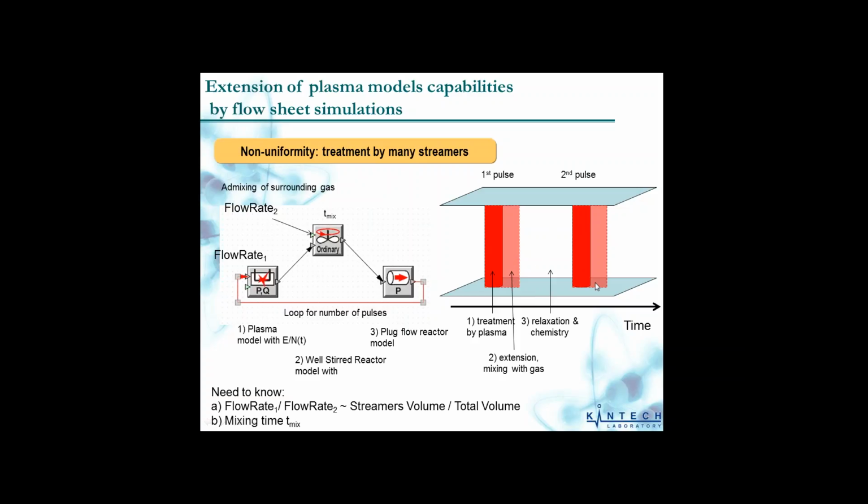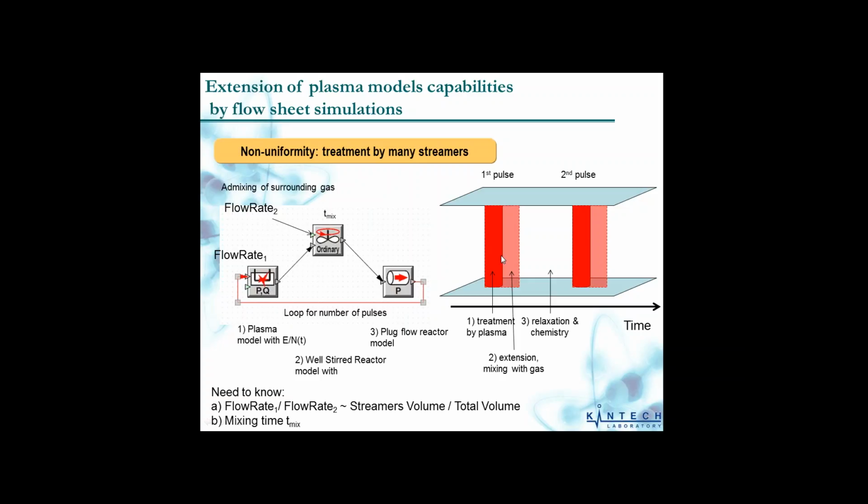How is it possible? It's a strongly non-uniform system, but how is it possible to simulate this system in a rather rough manner, but nevertheless simulate it to understand the chemistry which can be, for example, accelerated here. The streamer channel can be simulated through the plasma model.